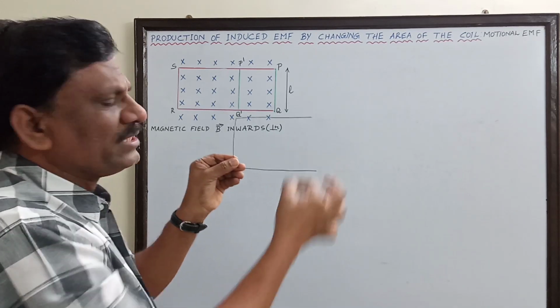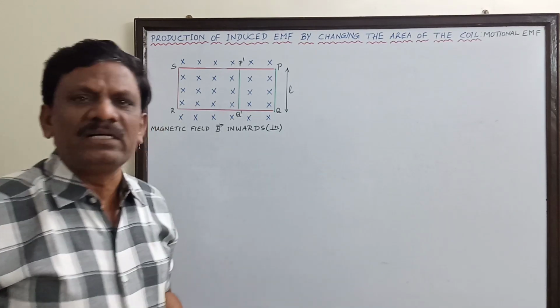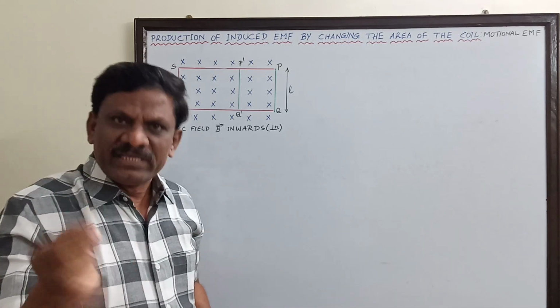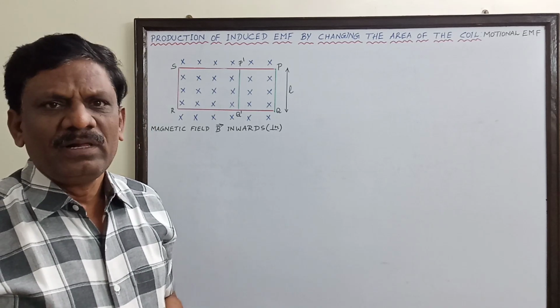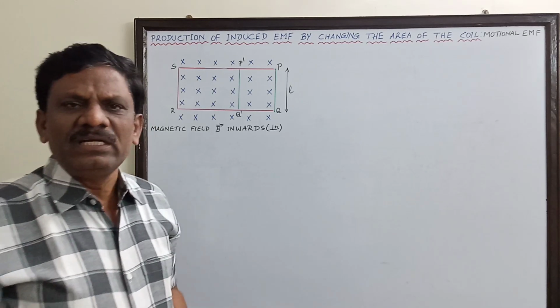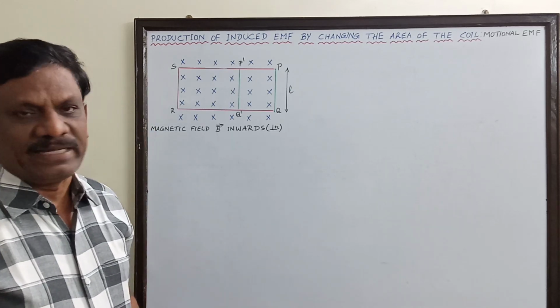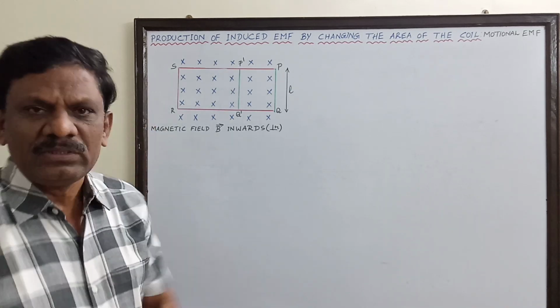So the area of the loop has decreased. Due to the change in the area of the loop, how much flux change will take place? That is what we are going to discuss.